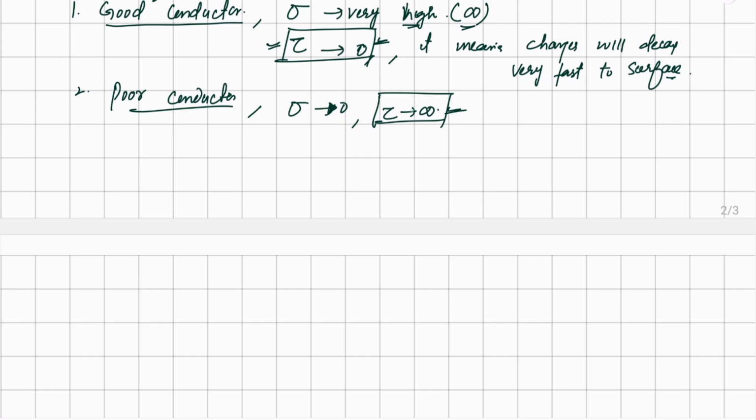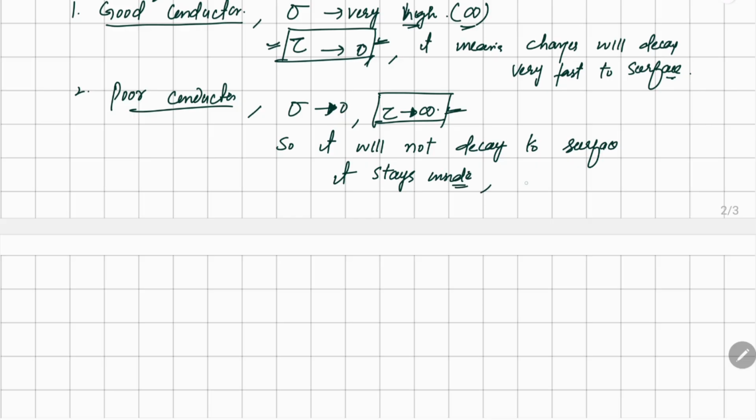So it will not decay to the surface; it stays inside. And because of this, the material polarizes. I'm not going into the details of this, but here I would stop.